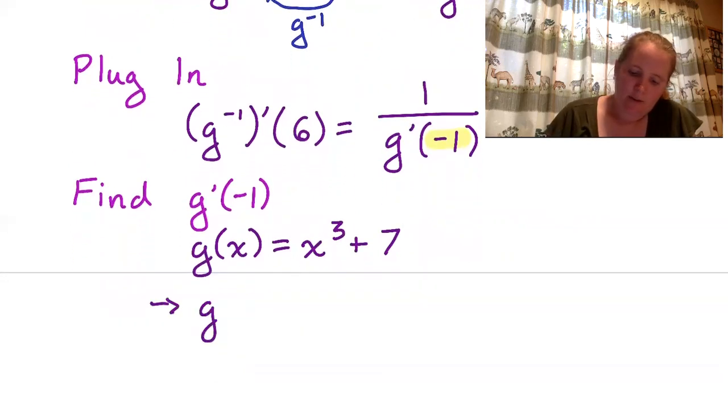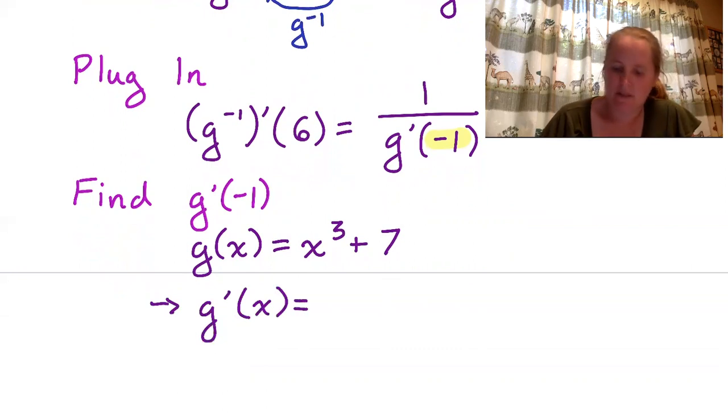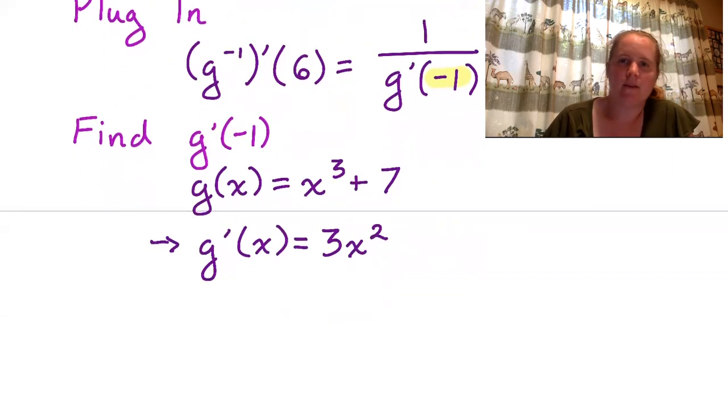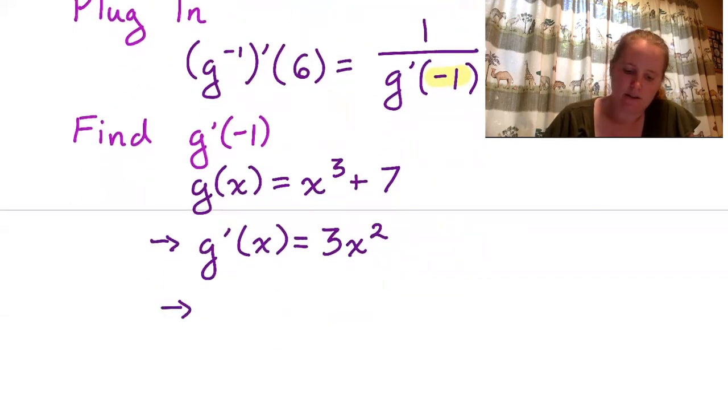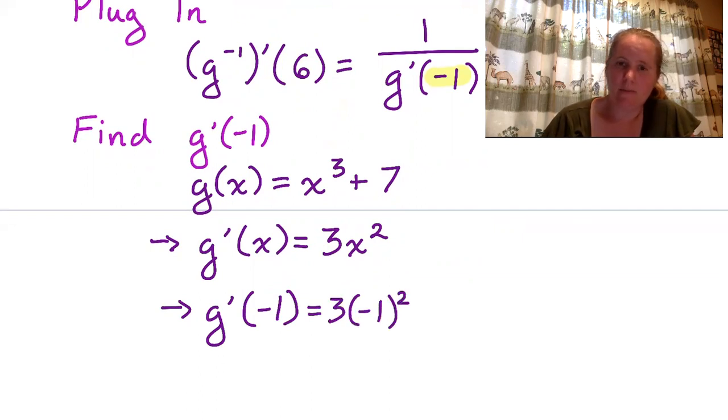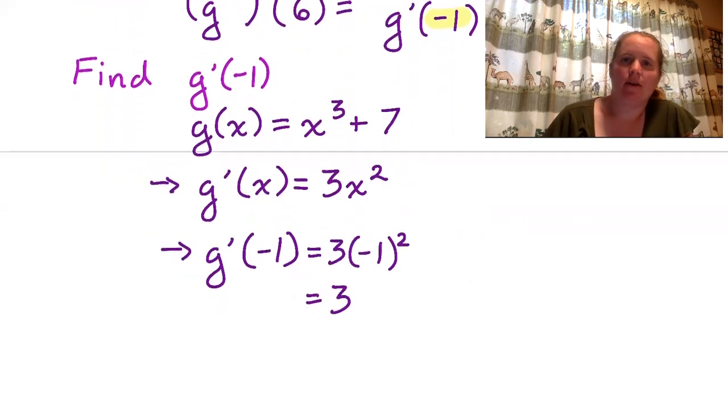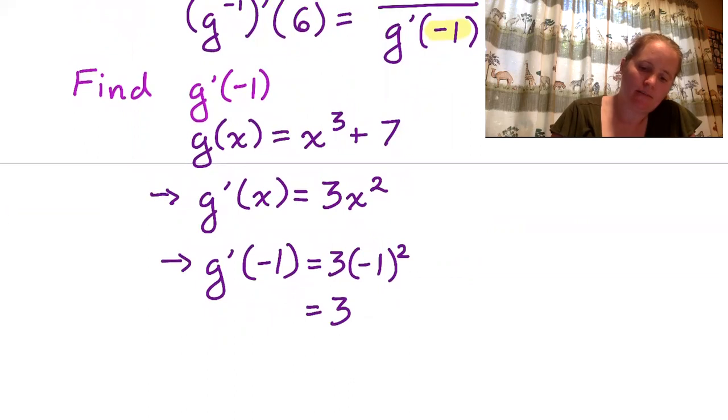Therefore, g prime of x, if we use the power rule, is 3x squared. And we are interested in g prime of negative 1, or 3 times negative 1 squared, which is 3.